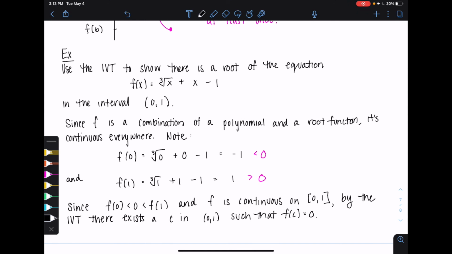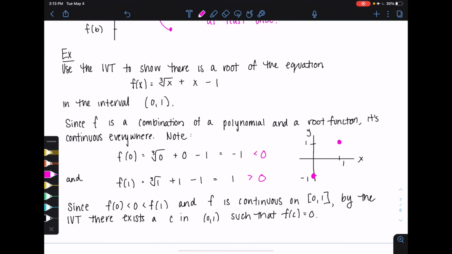So kind of pictorially what happens here, if you're struggling a little bit with that, when we plug 0 into our function, it's negative 1. When I plug positive 1 into my function, it's positive 1.